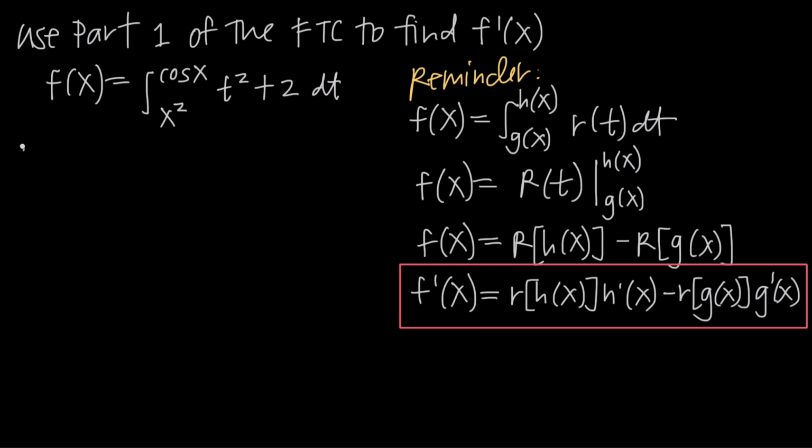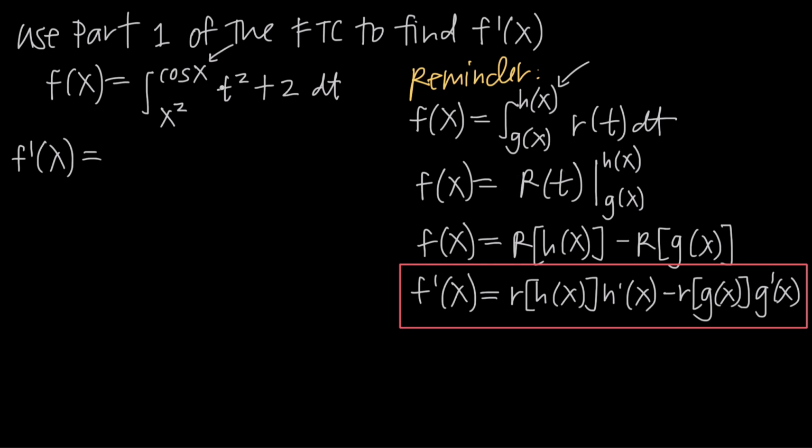So f prime of x, the derivative, which is what we need to find, is going to be equal to little r of h of x. Well, we know that little r is t squared plus 2. So we need to plug h of x into t squared plus 2. Well, h of x is our upper limit of integration, cosine of x. We need to plug that in for t.